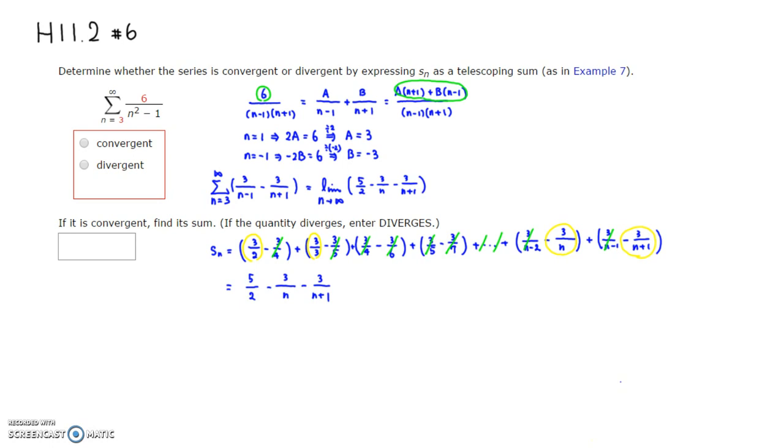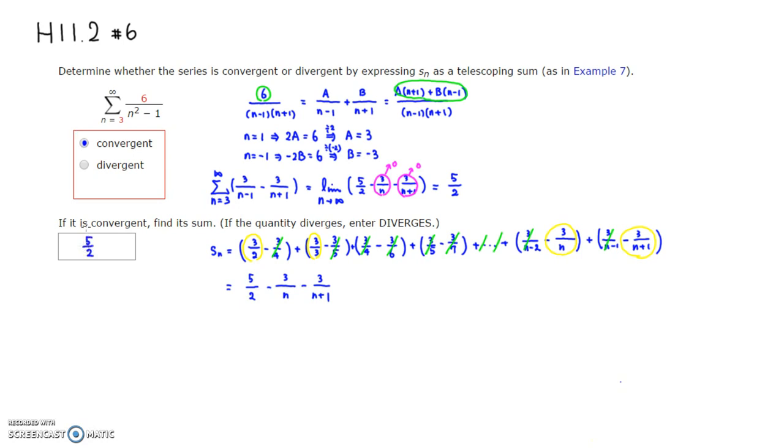This is fairly easy because 3 over n goes to 0, because it's 3 divided by a big number, and for the same reason the other term goes to 0. So the sum is going to be simply 5 halves. Since the limit exists, the series is convergent, and the sum is 5 halves.